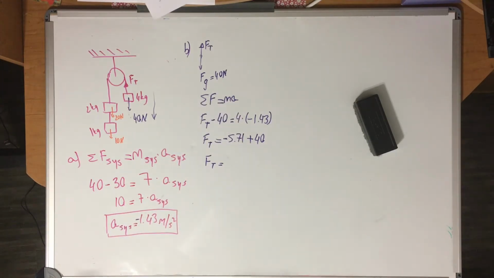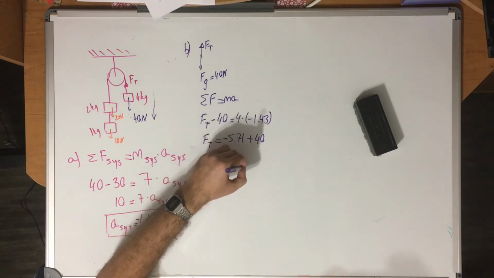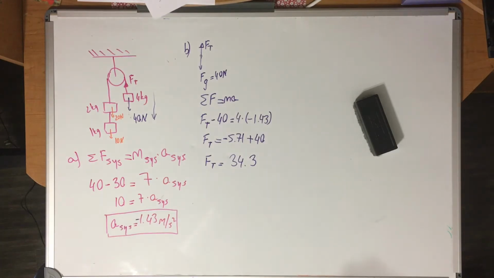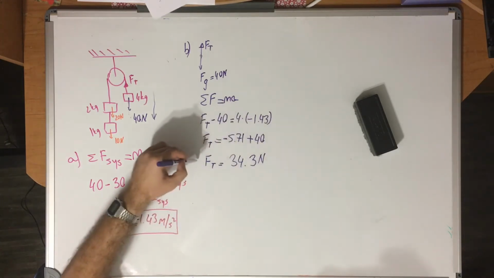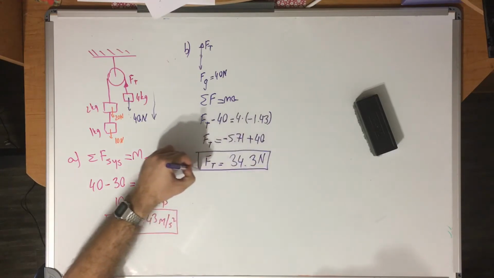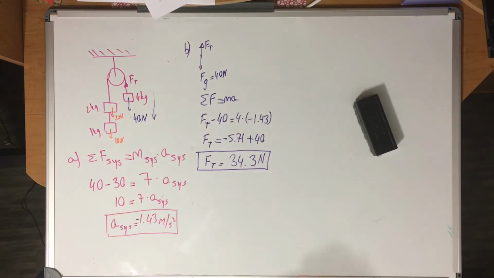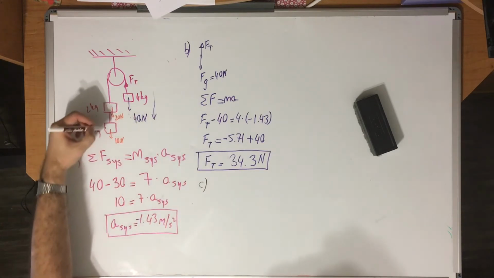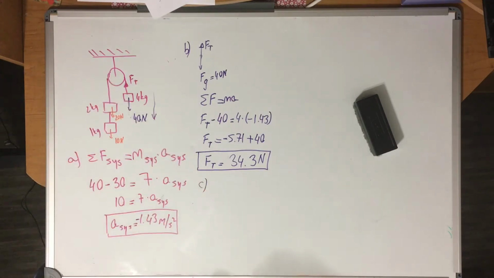So your F tension will be equal to 34.3 if you would like to round it correctly. So the tension on that string is going to be 34.3 newtons.